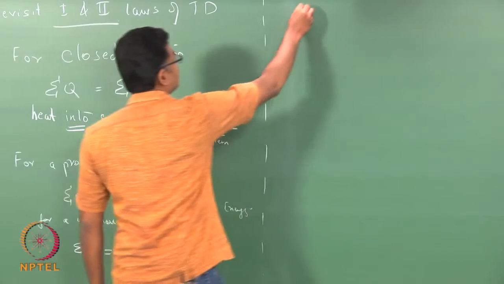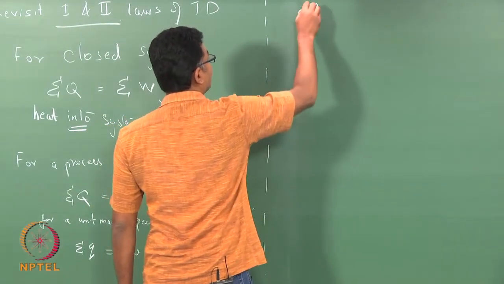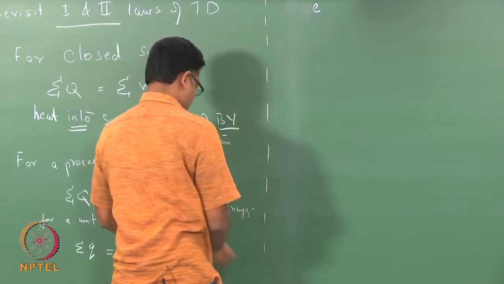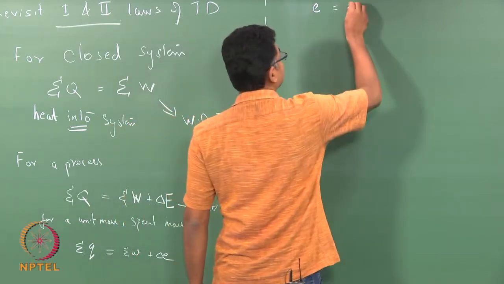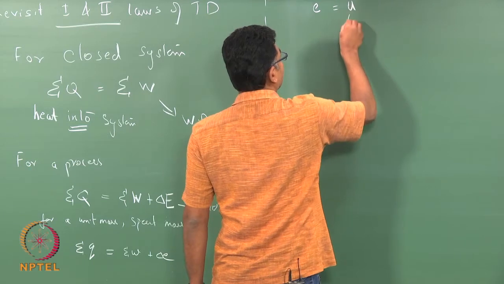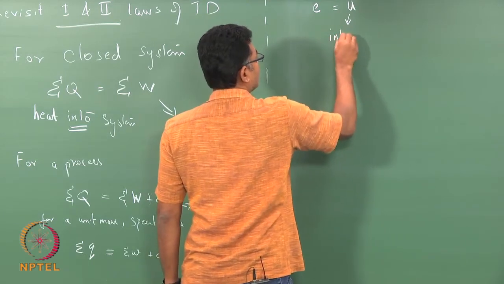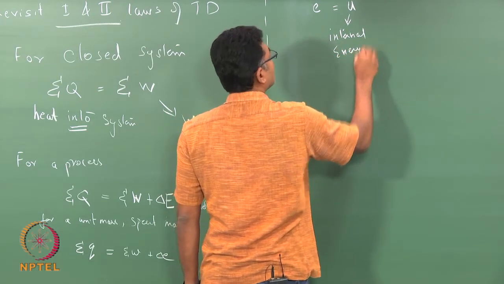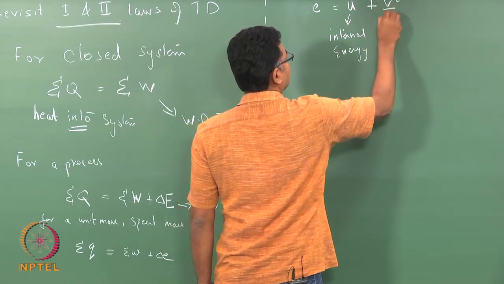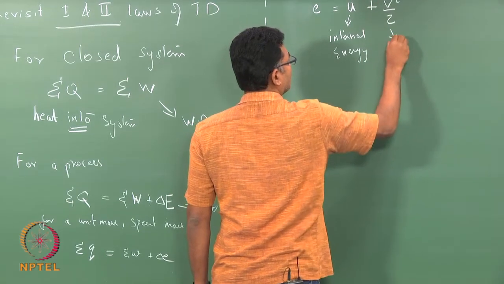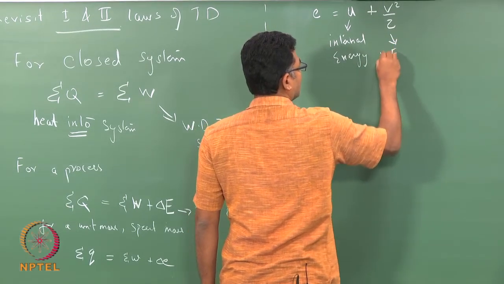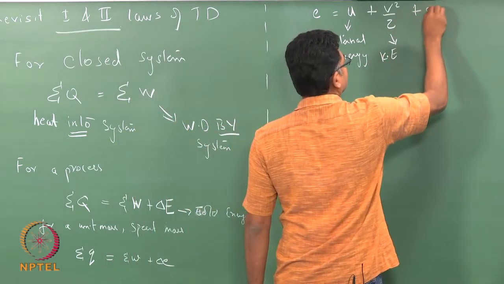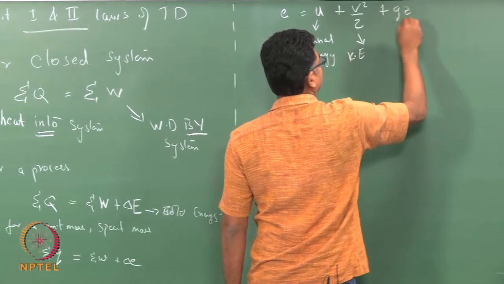And what is delta E, or what is E? E constitutes U, which is your internal energy, plus V square by 2, which is your kinetic energy, plus some potential energy.